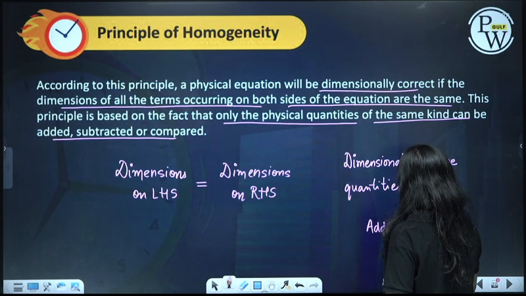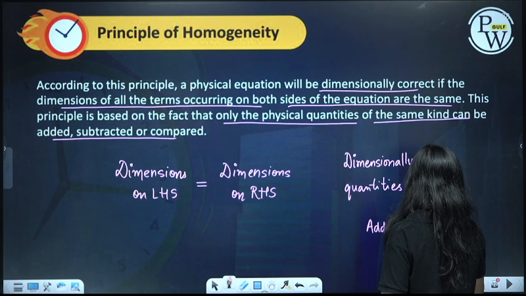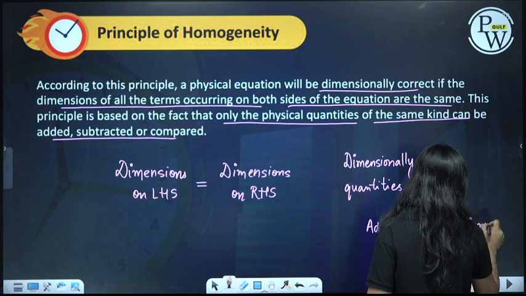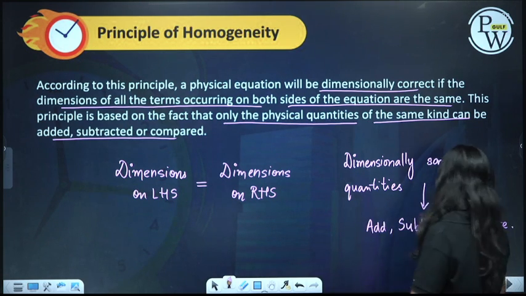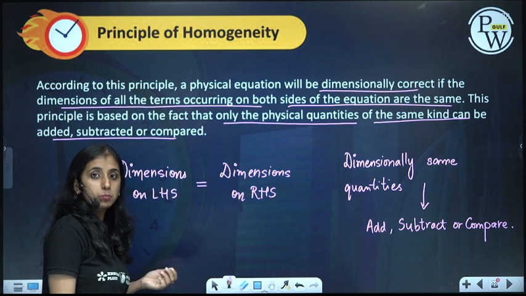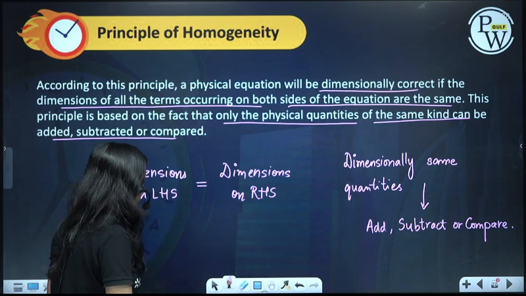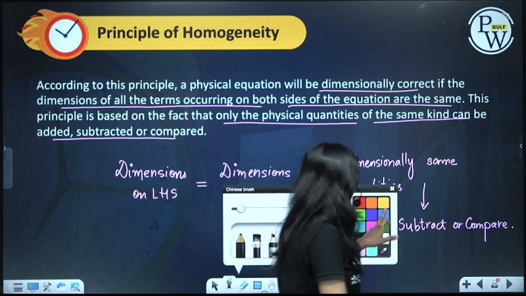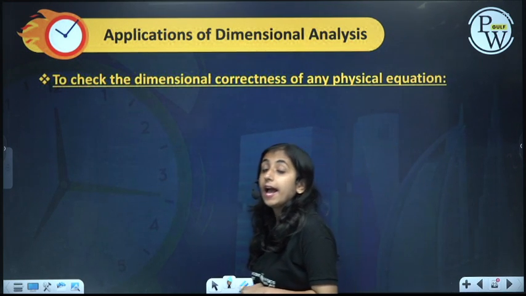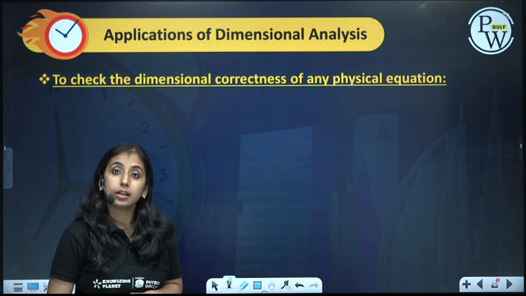So this is what the principle of homogeneity tells us. The dimensions on both sides of the equation must be the same and only similar quantities can be added or subtracted from each other. Now let us study the application of dimensional analysis.